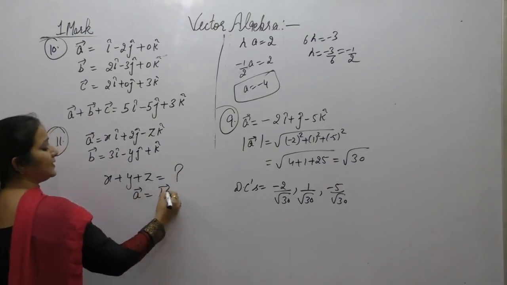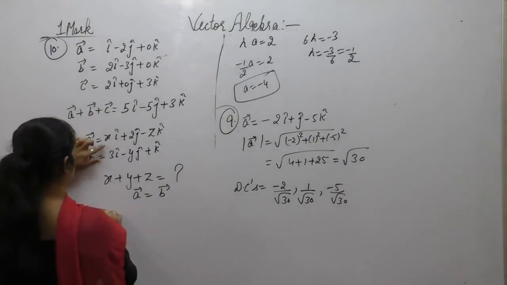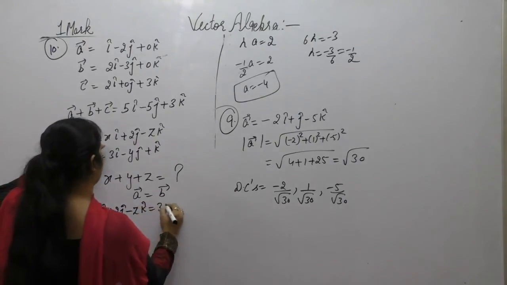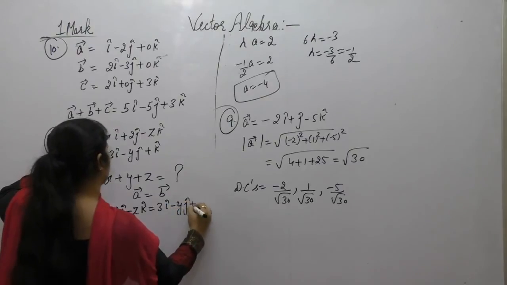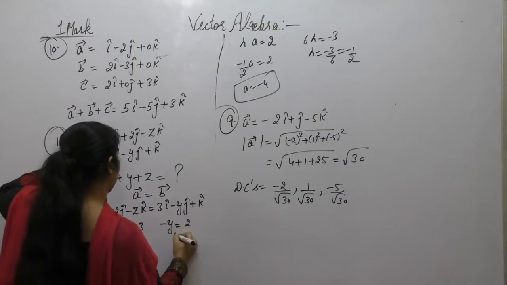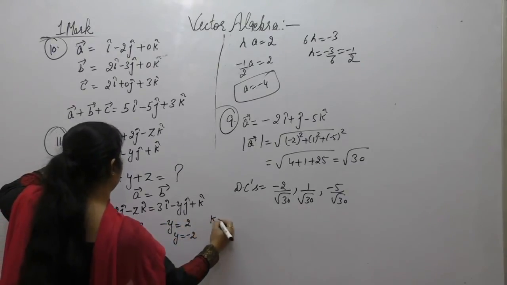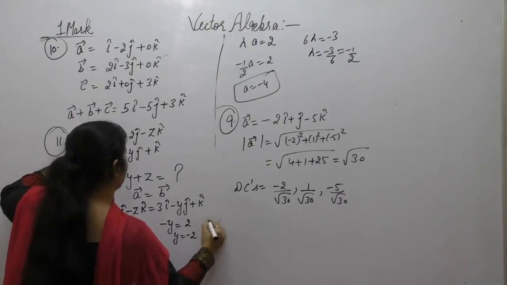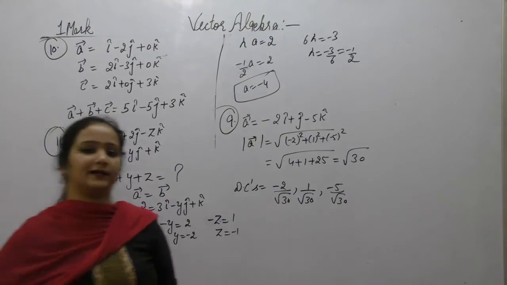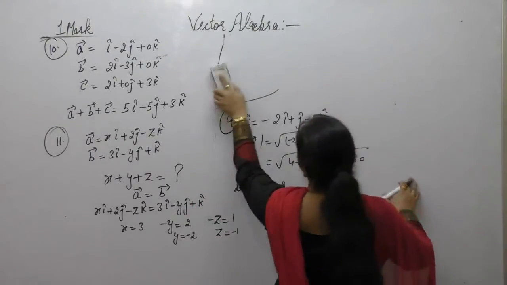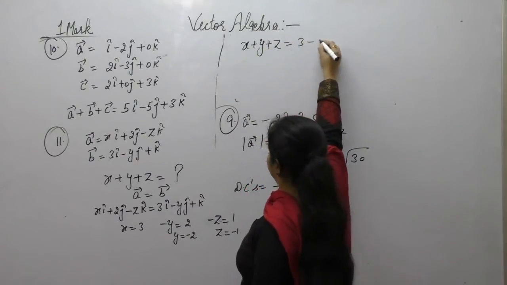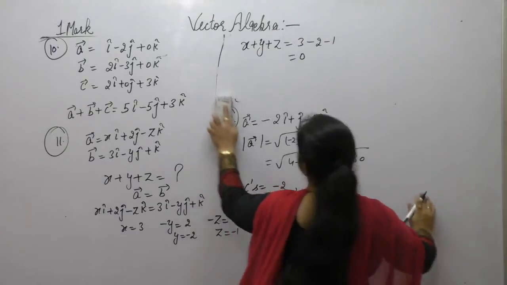Since A vector is equal to B vector, equate the components. x is 3, minus y is 2, so y has value negative 2, and the k component minus z is 1, so z is minus 1. Now we want to find the value of x plus y plus z. 3 minus 2 minus 1, that is 0.